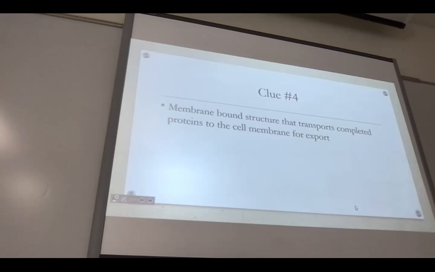Next. No bingos yet? That was the first opportunity with 4. Okay. An organelle that directs most of the cell's activities.